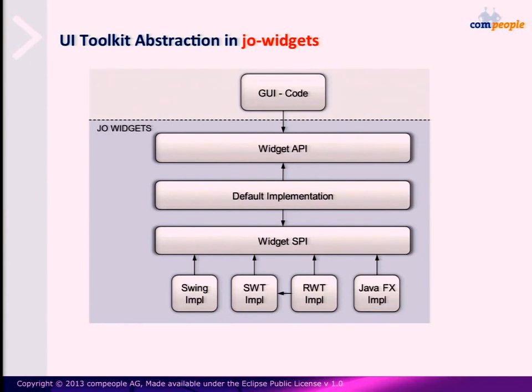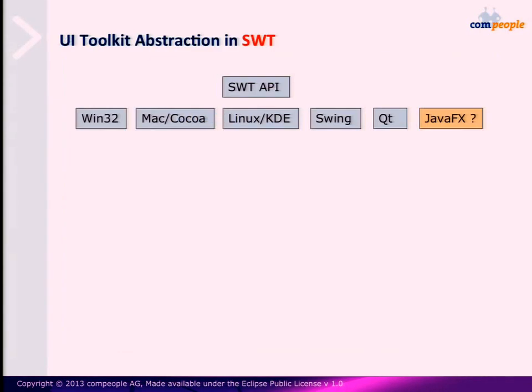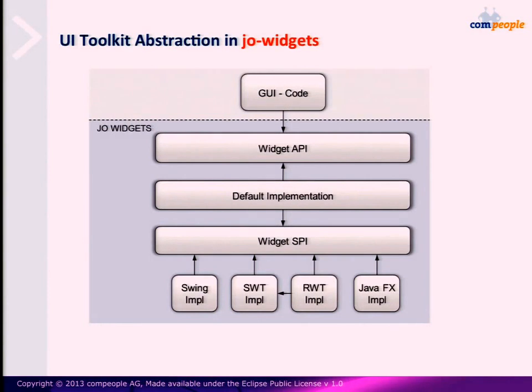There's a new library that I ran across a few weeks ago, which is Joe Widgets. It's very similar to SWT, only that with SWT every toolkit is a complete new re-implementation. With this Joe Widgets library, they seem to have a few abstraction layers on top.